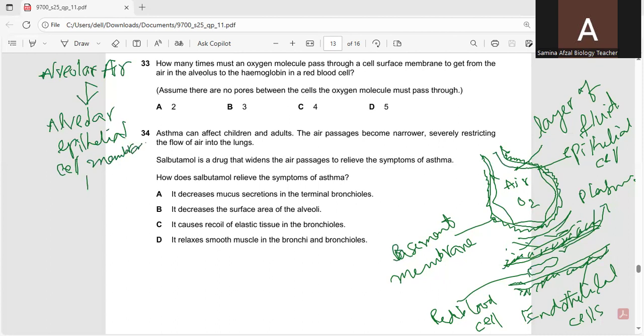And then fluid layer and basement membrane.